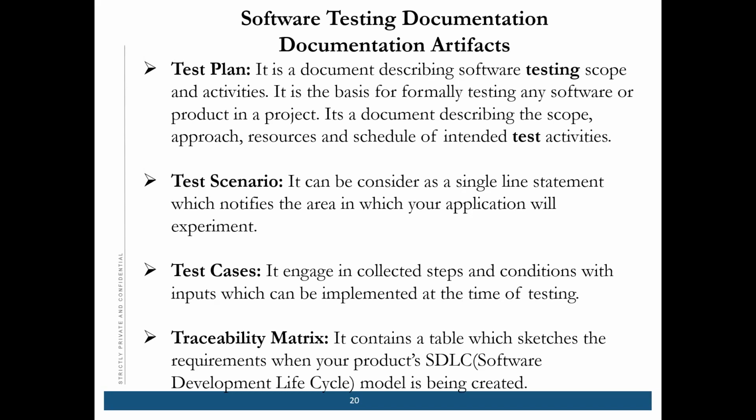It contains a table which tests the requirements when your product is going through the SDLC lifecycle. Okay, that time only we create a traceability matrix, and when we deliver the project, that time we check whether we have touched each and every point or not. Okay, so that is a traceability matrix. Okay, which is very important.